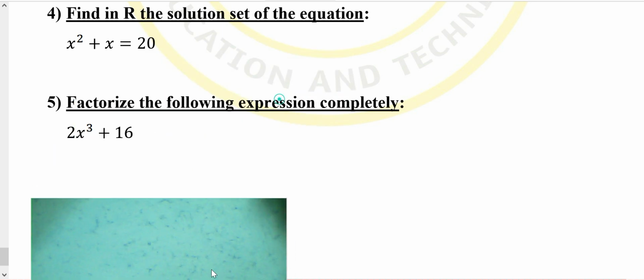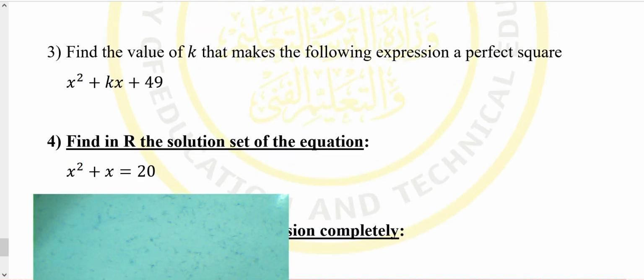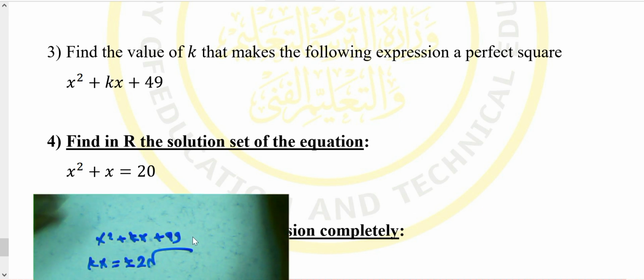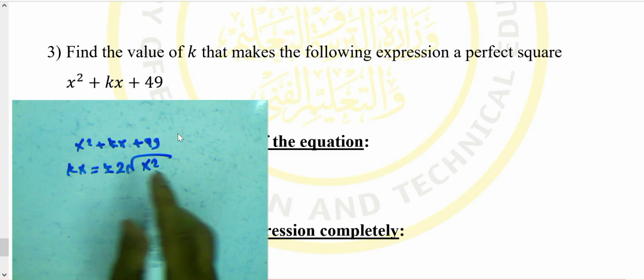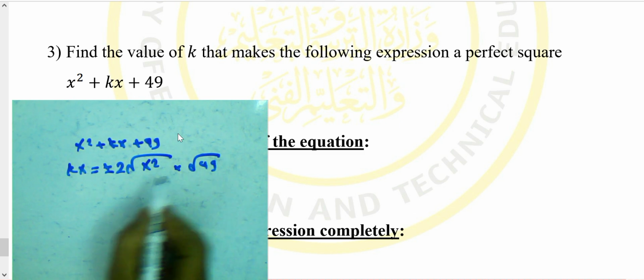Next question. Find the value of k. We have x power 2 plus kx plus 49. Then kx equals positive or negative, because this expression is a perfect square. You want to find the value of k to get this expression as a perfect square. Multiply the square root of the first term by the square root of the third term.